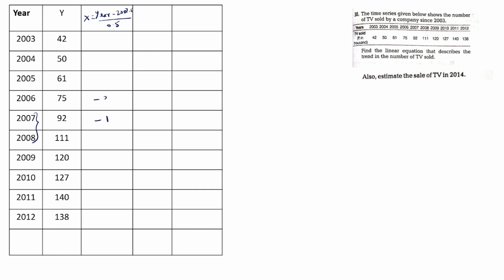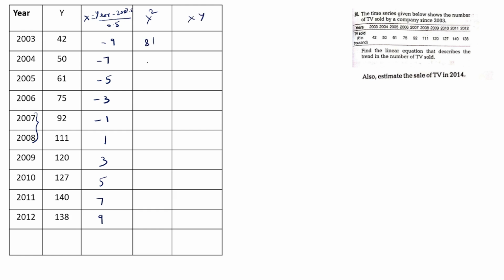Then for 2006 it is minus 3, 2005 minus 5, 2004 minus 7, and 2003 minus 9. Similarly for 2008 it is plus 1, 2009 3, 2010 5, 2011 7, and 2012 9. And next we have x square and then xy.